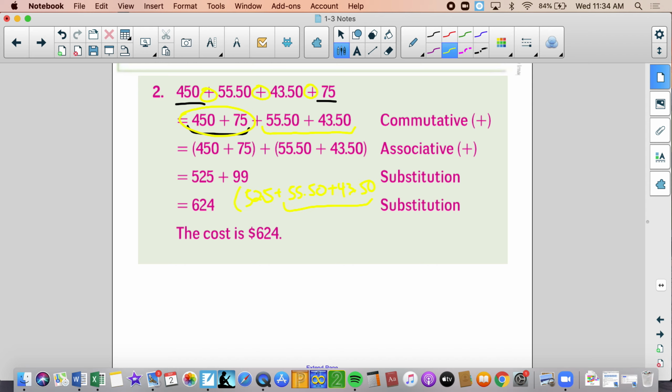The parentheses naturally are right here because of order of operations, but we're going to move those to here. So we shift them over. And then once we add these two values, we substitute them in. And once we add that, we substitute that in for that value. So the total cost is $624.